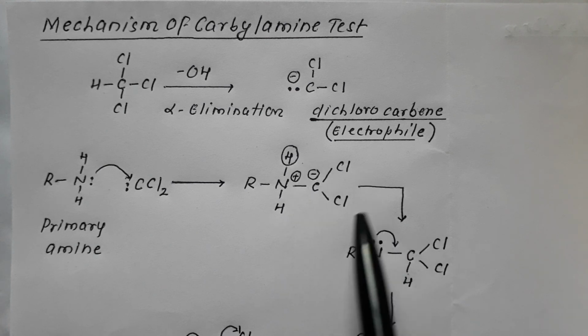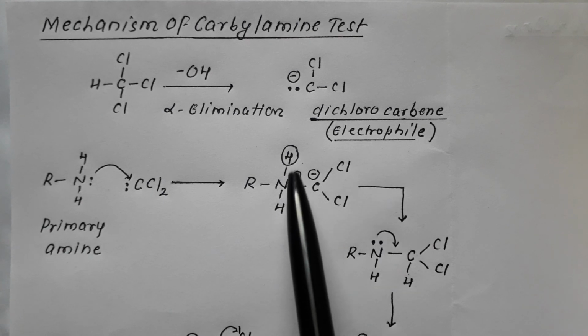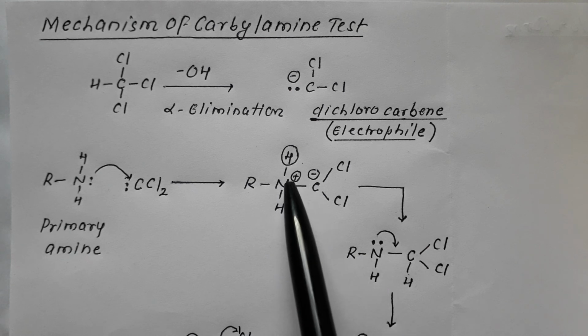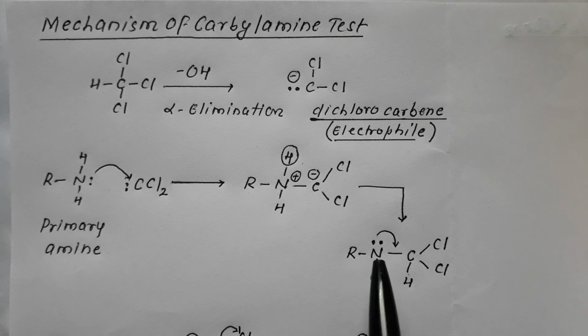The hydrogen has shifted over here, leaving the bond pair as lone pair on nitrogen, so it rearranges and converts into RNH with a lone pair, single bond CHCl2.